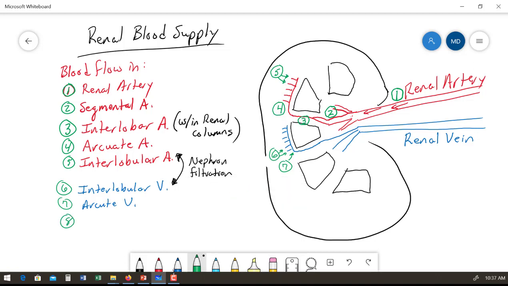Then we're going to move into interlobar veins, and so those are going to be here. Again, these are going to be within the renal columns. Then we flow into segmental veins.